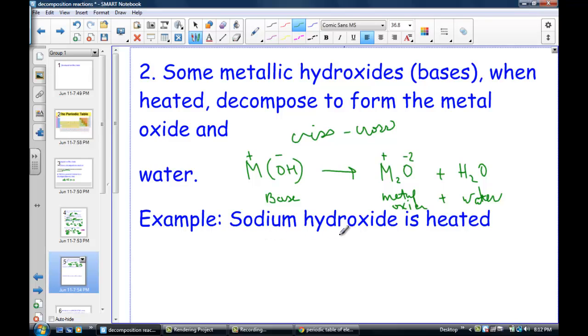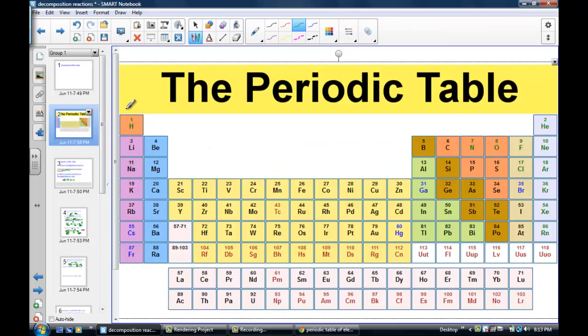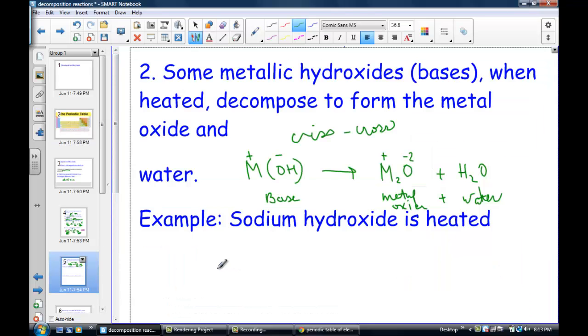We have a metallic hydroxide. Sodium is a metal. Na carries a +1 charge. So here we have sodium, Na, its +1 charge. Your base ion, hydroxide, OH, is a -1.